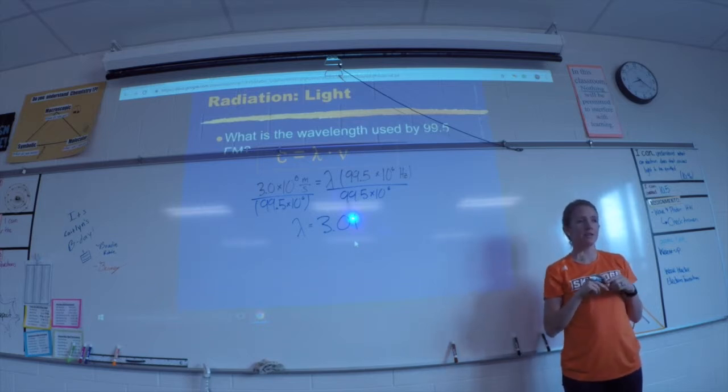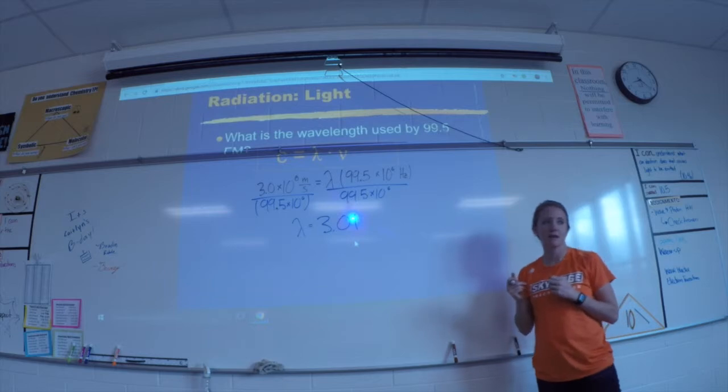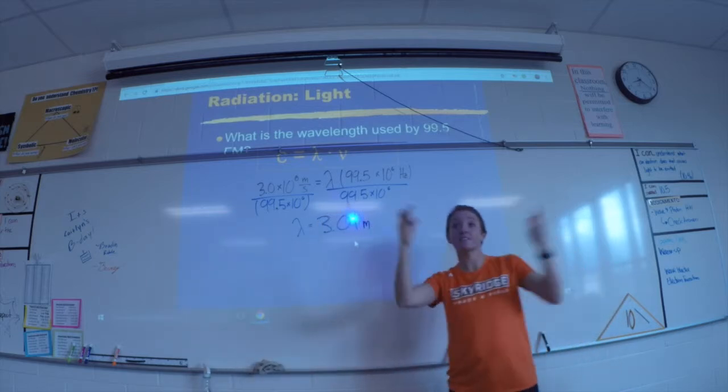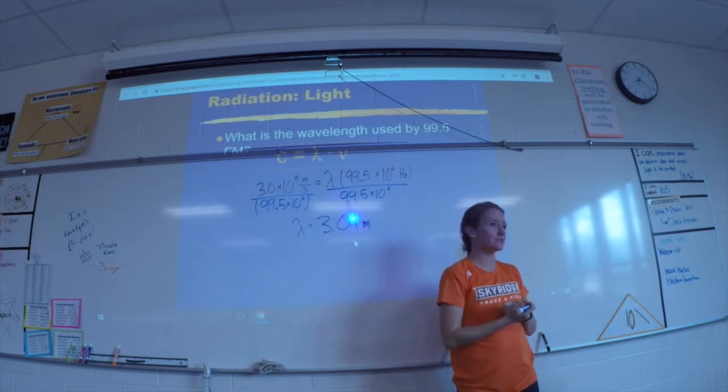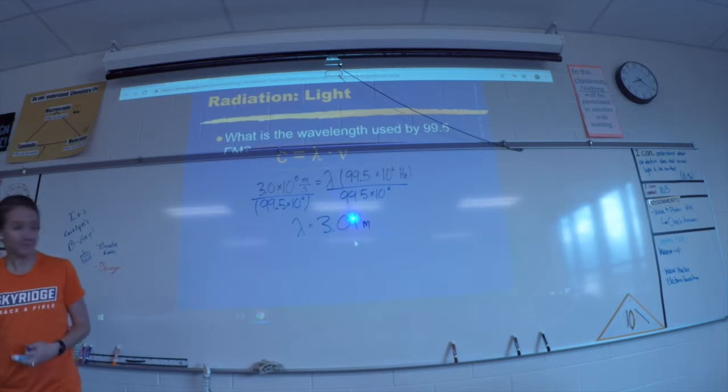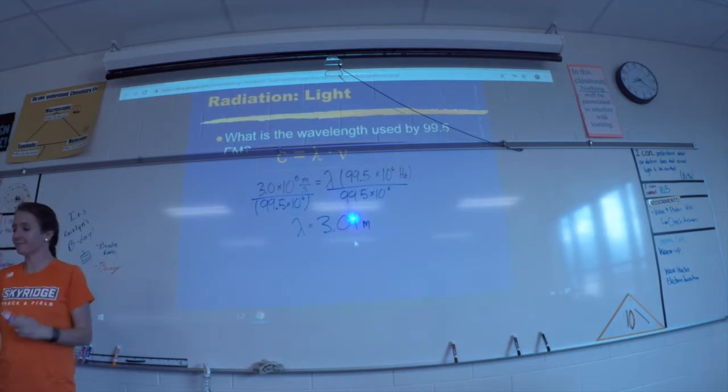Okay, on the count of 3, if you think you have an idea, shout it out. Ready? 1, 2, 3. So it should be meters. Yep. Because it's a length of something, and wavelength is always in meters. If you said meters in your head, you can have a smiley face. And that's our answer right there.